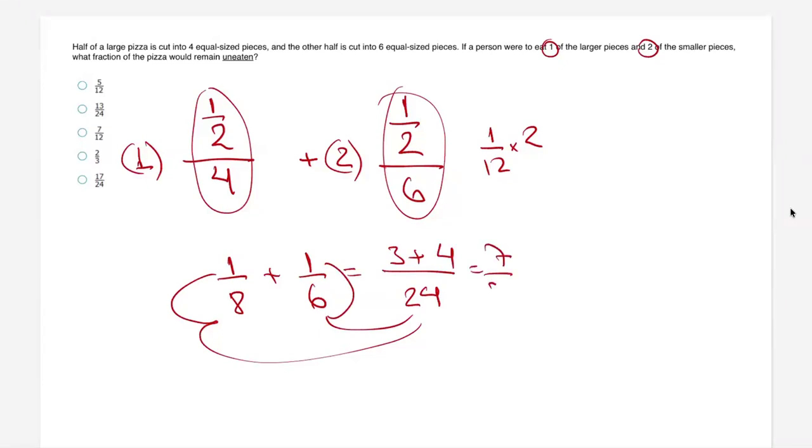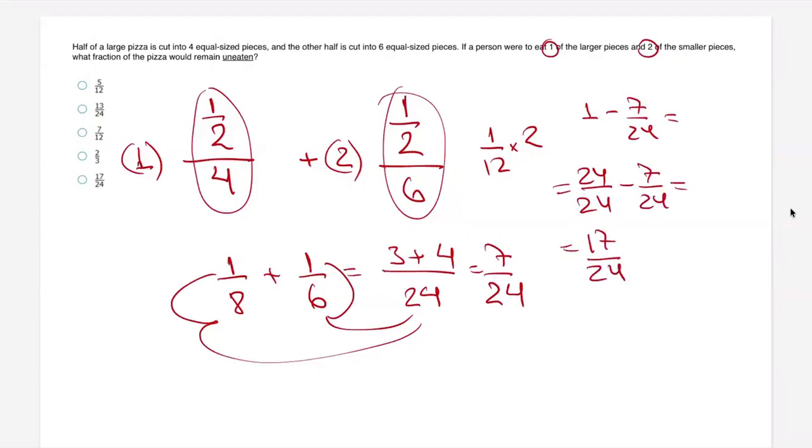That's 7/24. So uneaten is 1 minus 7/24, which is 24 minus 7 over 24, that is 17/24. Do you agree? Good.